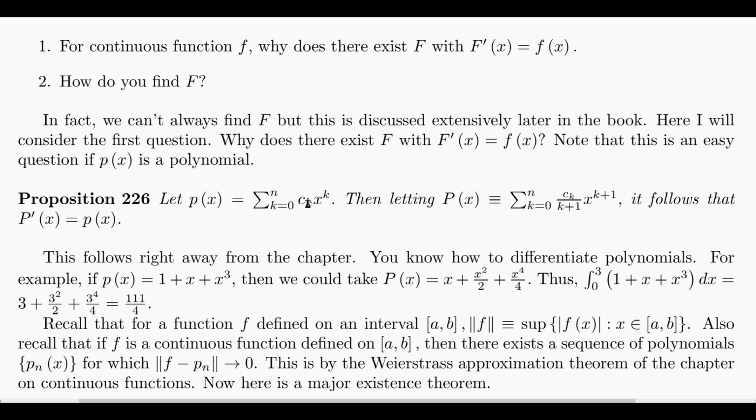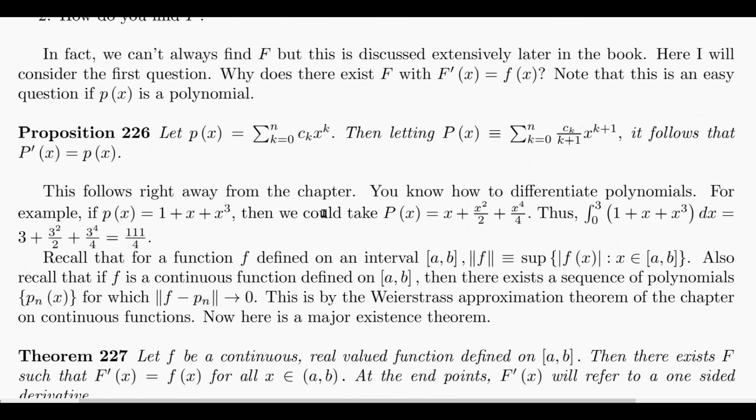And then that gives you this. For example, if you have p of x equal to 1 plus x cubed, then we could take, for an antiderivative, capital P of x equal to this. And so the integral from 0 to 3 of this, and incidentally this function is going to be positive on this interval, is equal to this, 111 over 4, which maybe you would not have thought of.